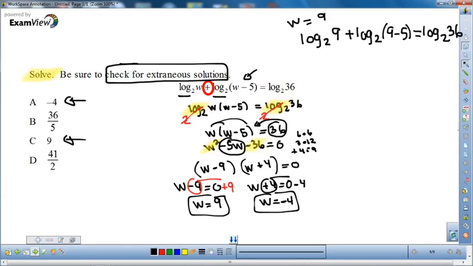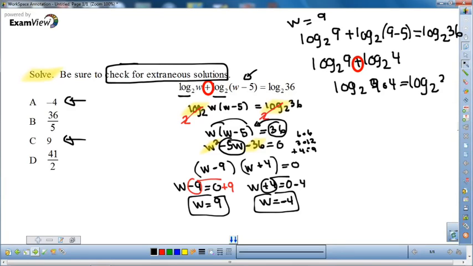Okay, so log base 2 of 9 plus log base 2 of 4. I'm going to use the properties of logs. Since it's addition, I'm going to write this as log base 2 of 9 times 4, and 9 times 4 is log base 2 of 36. So that checks. So that's an answer.